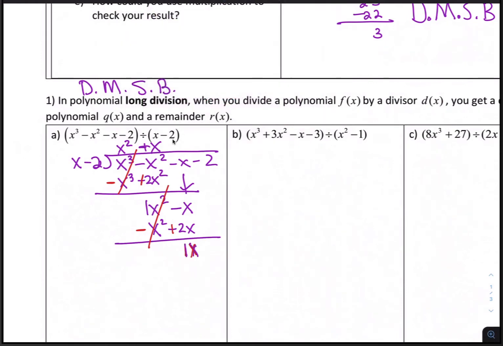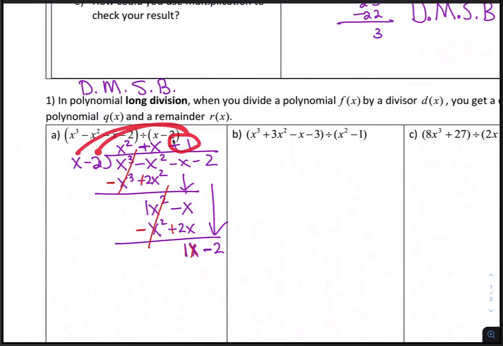Okay, now let's bring down the next term, which is minus 2, and now we divide again. You're dividing this 1x by the x from the divisor. Well, x divided by x is just positive 1, and you place it at the top. Take this positive 1 and multiply it by the entire divisor.